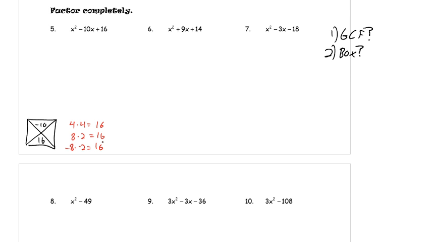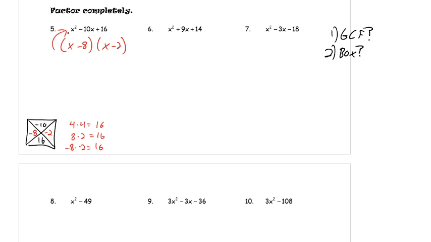That needs to be your thought process as you go through these. So what you'll do is then go ahead and say that I'm going to use negative 8, negative 2, and you'll rewrite it as x minus 8 times x minus 2. That's it. You're done. If you multiplied those or FOILed those back together, you would get right back to there. Okay? That's the idea.